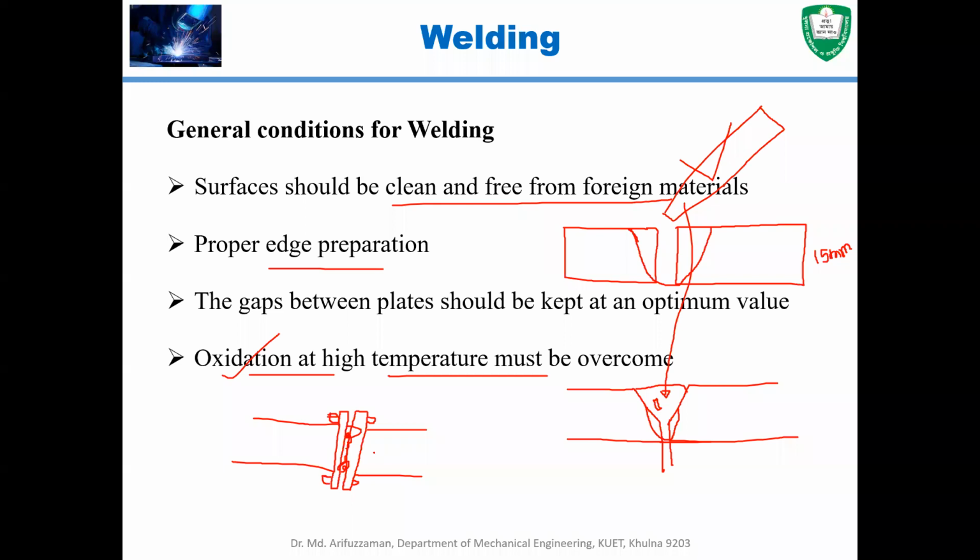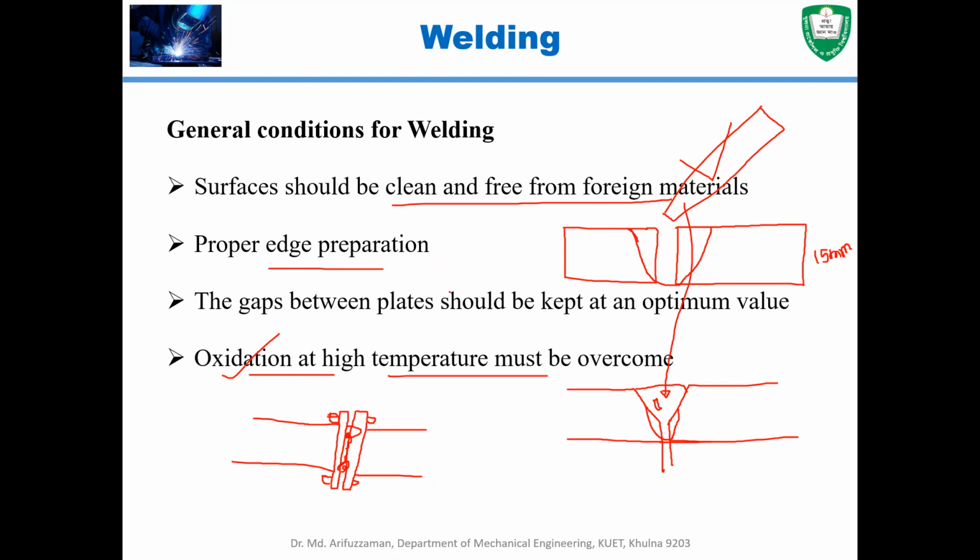But the problem here is that if you need to disassemble this assembly frequently, then welding is not a good option for this. That will be the disadvantage of the welding. Okay, that means you cannot frequently change the structure.